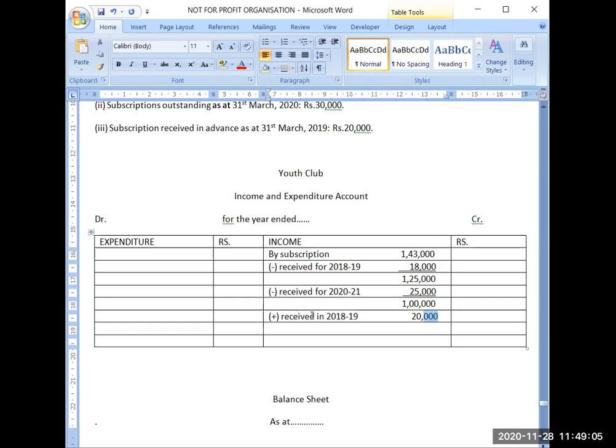This will be added here. And we have to add the current year outstanding also. We will add them simultaneously.